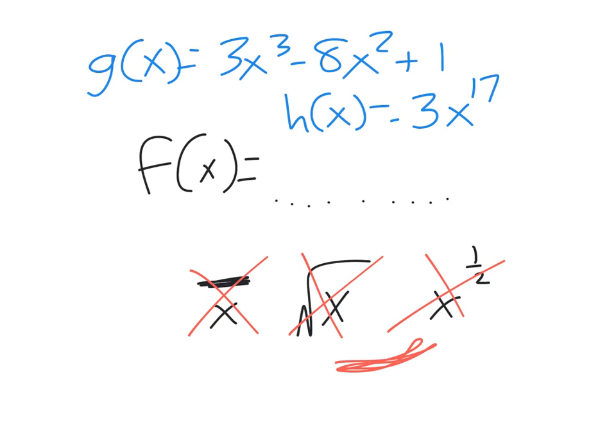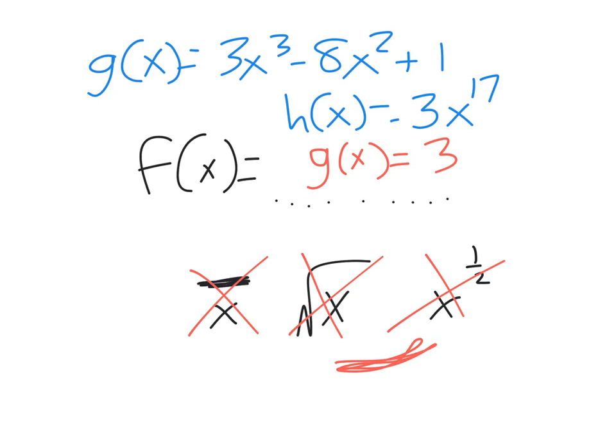Okay? Or even something like this. If I had g of x equal to 3, it's just a constant number, but that's also considered a polynomial function because it does not exhibit any of these problems. All right? So there's a wide range of polynomial functions.